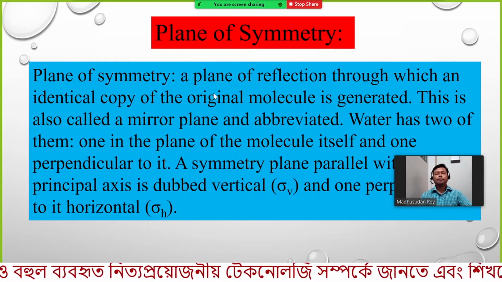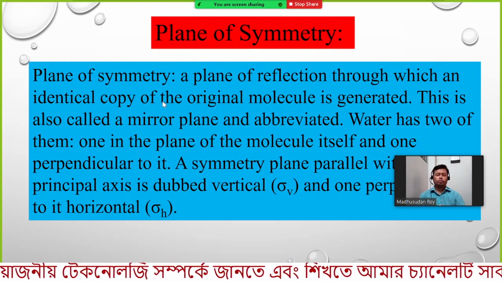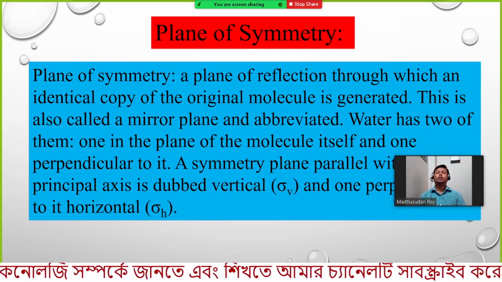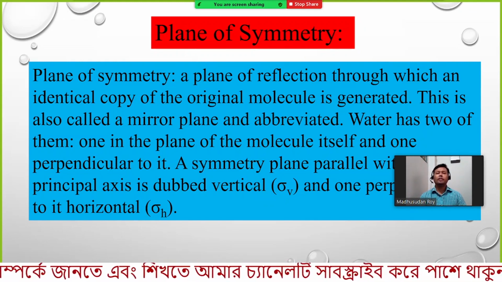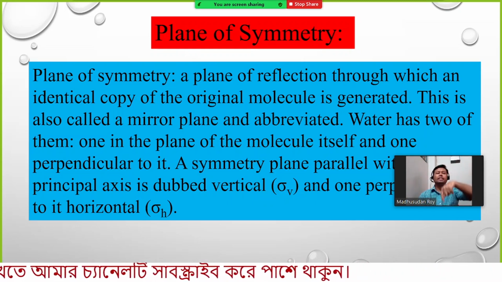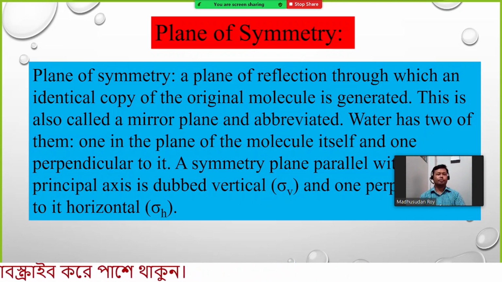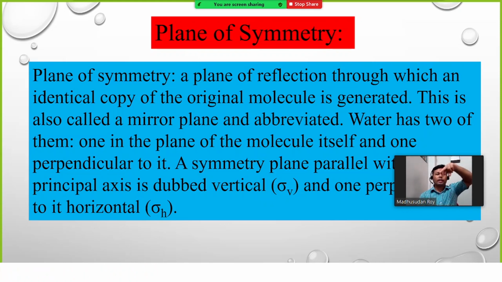Plane of symmetry. For an axis you don't need to consider a plane, you can have just one axis, and it can pass through only one atom. So if you consider one atom and just one line, you can rotate all other atoms according to that axis.